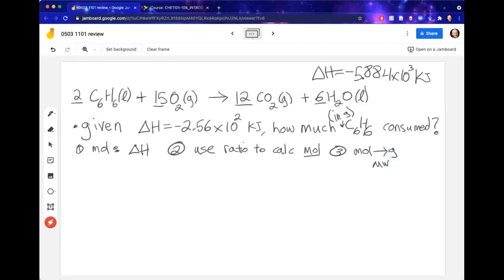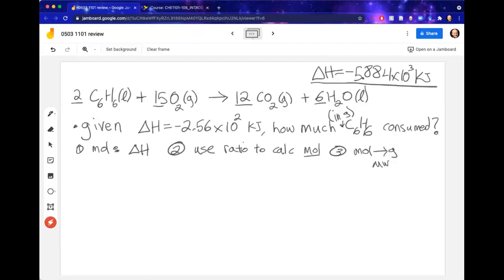So that first one involves coming up with the mole to heat proportion or ratio that we need to start. We're given that delta H for the reaction is minus 588.4 times 10 to the 3 kilojoules, for example.